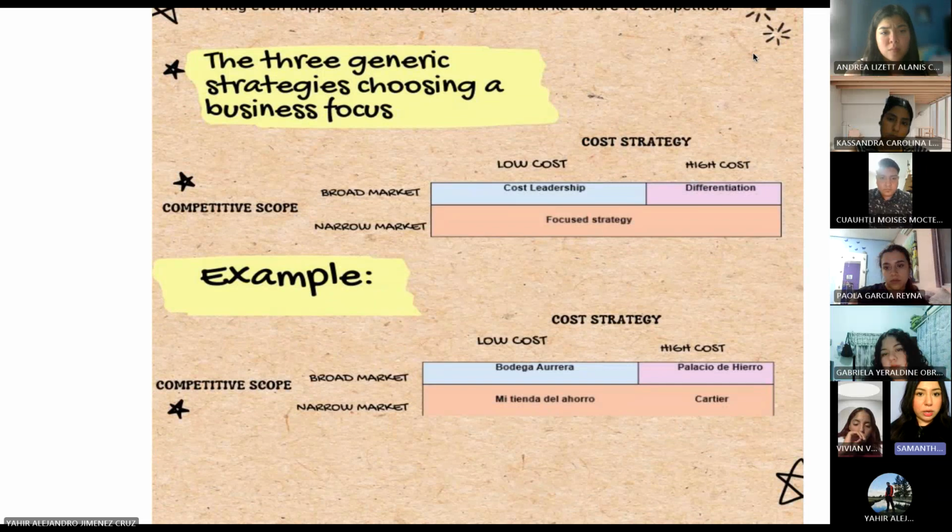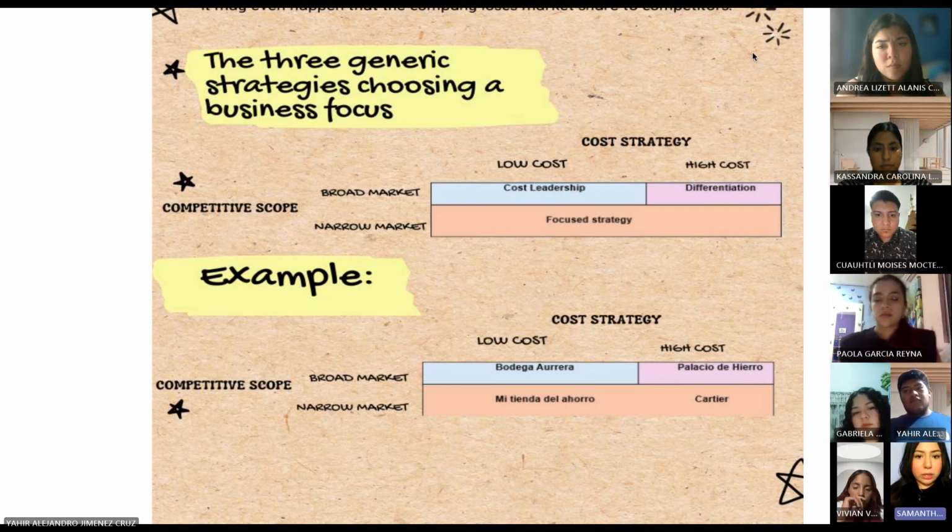The three generic strategies are choosing a focus. In a broad market, the low cost is cost leadership, and the high cost is differentiation. In a narrow market, the low cost is cost focus, and the high cost is the focused differentiation strategy.